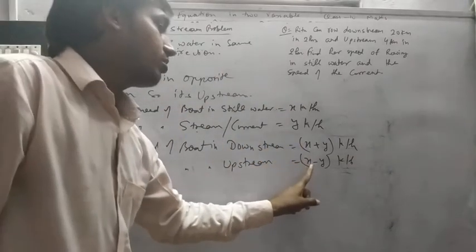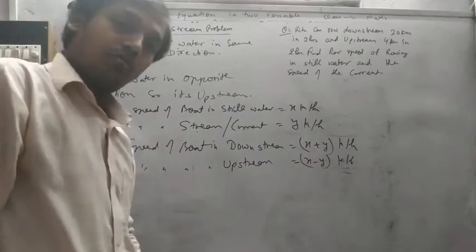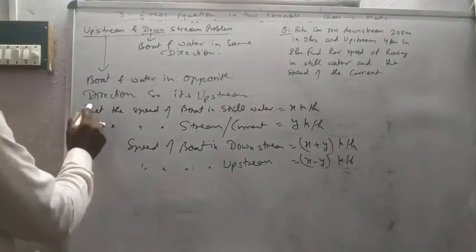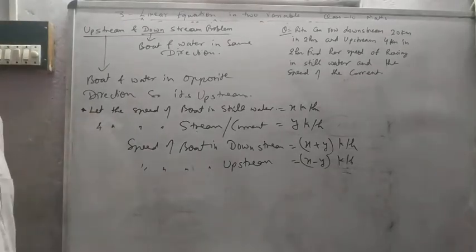Always boat minus water, boat first, water after. So these are the 4 steps you write in the board examination, and you get 1 mark directly.